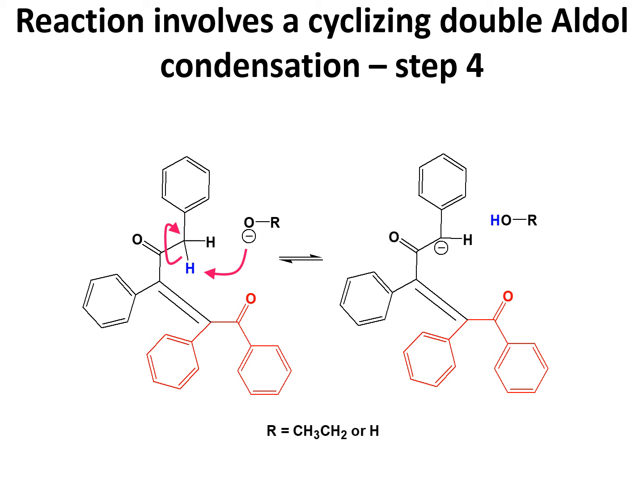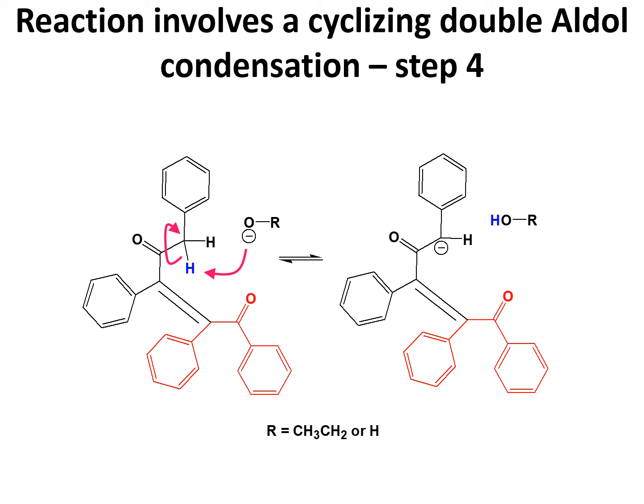And so the intermediate in step 3 will further react with the base. The base takes a proton and we have a negative charge, and this will lead us to the cyclic product.